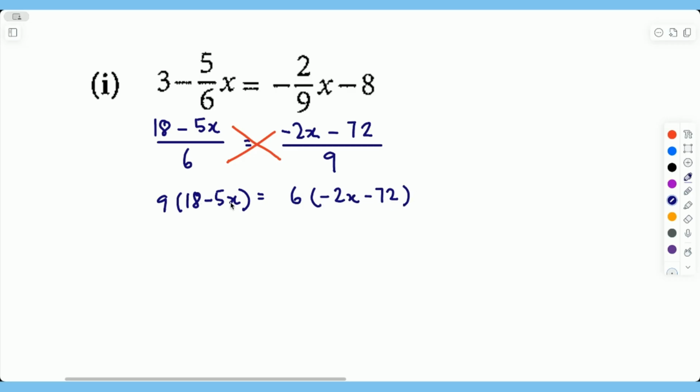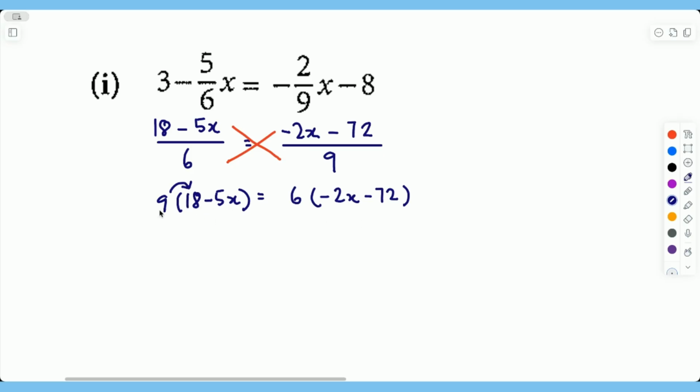Then we will expand for each side. For the left-hand side, we have 18 times 9. We will expand both sides.